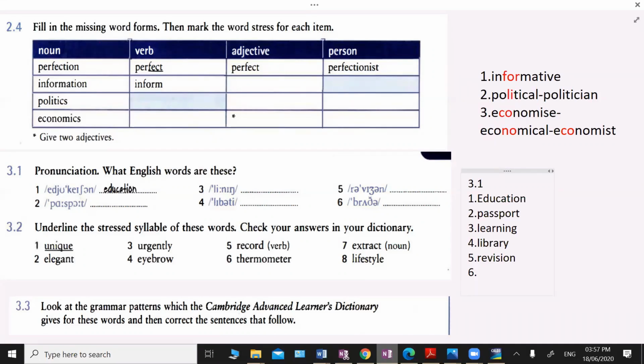Remember, I told you 2 sounds of TH. One was th and one was the. So use the second one. That is the symbol. It's the, not th. The.